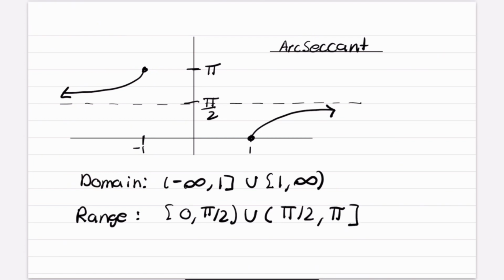So just clarifying the domain and range, we see that the graph goes from -infinity to -1, and then it skips and goes from 1 to infinity. And for the range, we see that it begins at 0 to pi over 2, not quite touching pi over 2, and from pi over 2, not quite touching pi over 2, to pi.